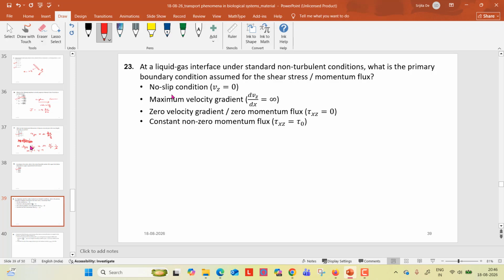So at the liquid-gas interface, the velocity will be higher, and that means there will be no velocity gradient, the gradient will be 0. That means the momentum flux, that is the shear stress, will be 0. So it is option C. Next.